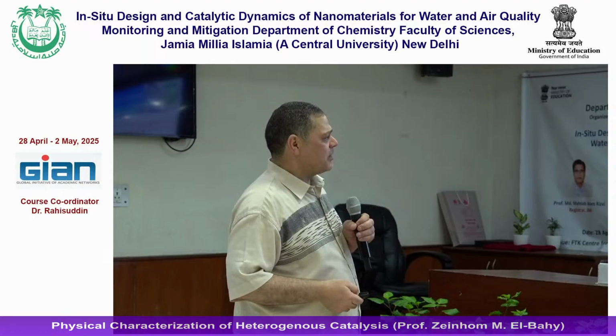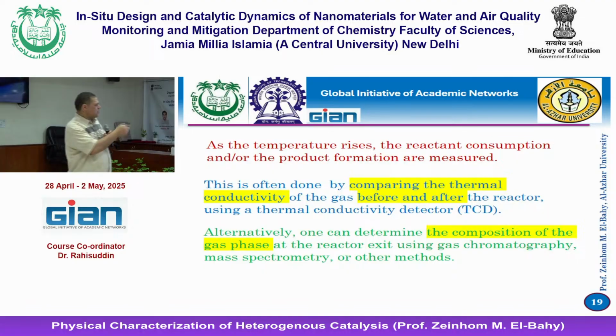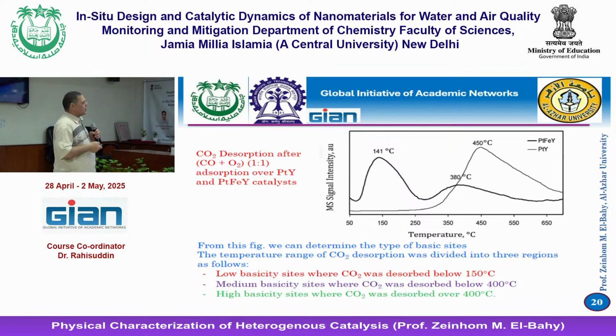For example, this is a type of our data. I will show you. This is what I already mentioned about the data. These are my data, but you may understand it better than me if you read and try to understand it. Here I added carbon monoxide plus oxygen in equal ratio to simply make CO2 as a product. People are trying to oxidize CO because CO is much more harmful than CO2.